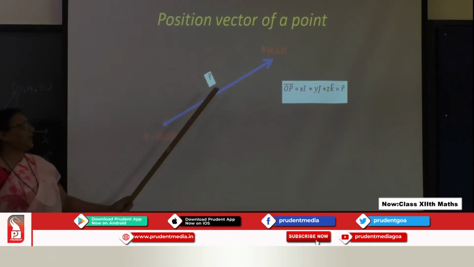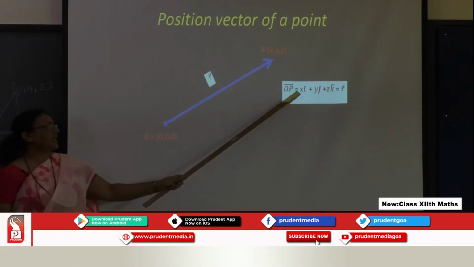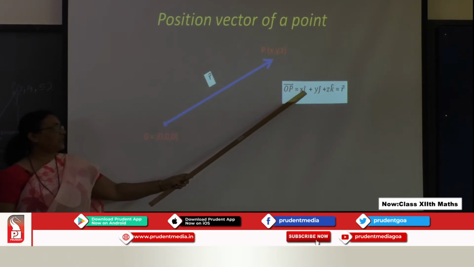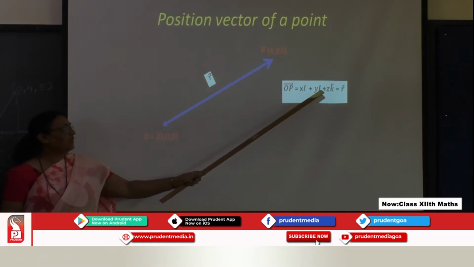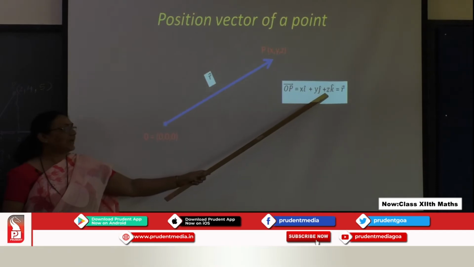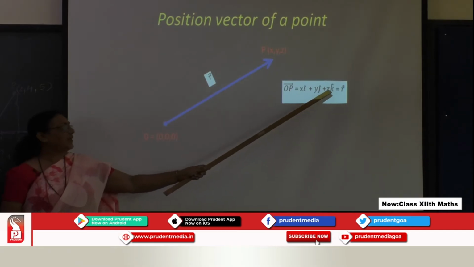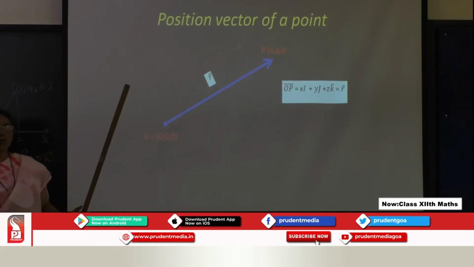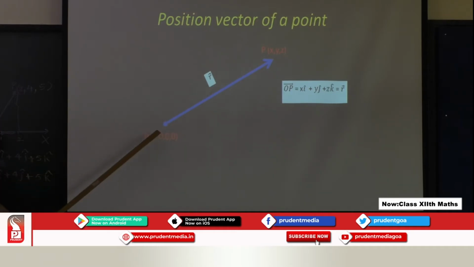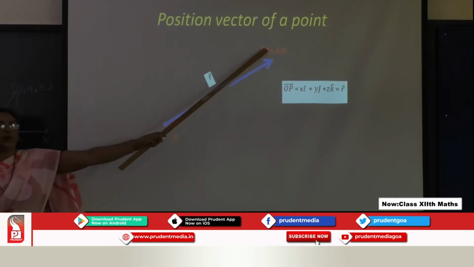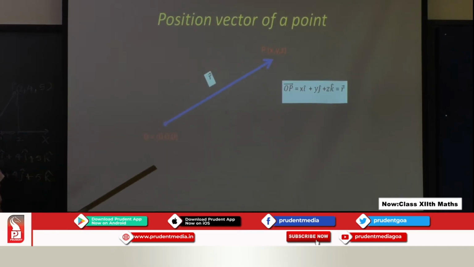Any vector in space can be denoted like this: the x coordinate of that vector times the unit vector, plus the y coordinate times its unit vector, plus the z coordinate times its unit vector. So the position vector of a point is denoted by this when it starts from the origin to any point P in space.